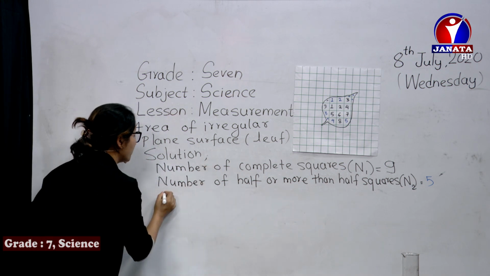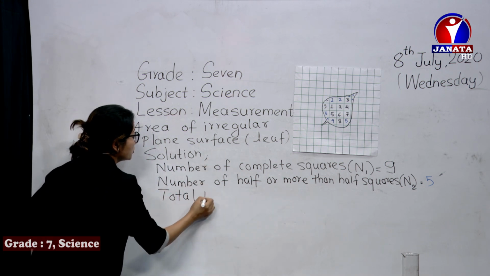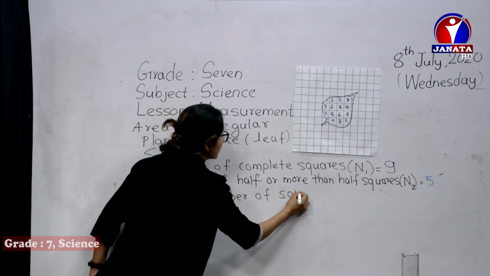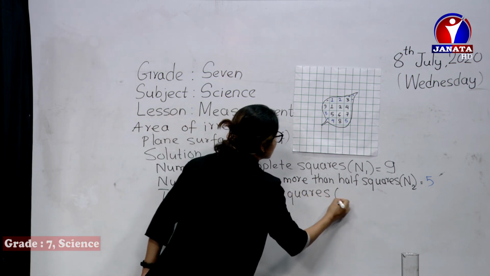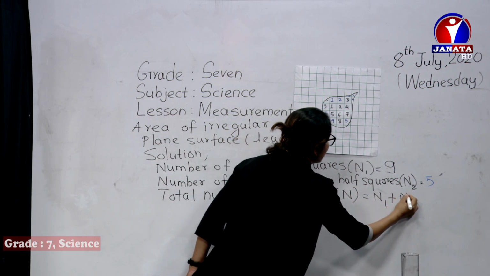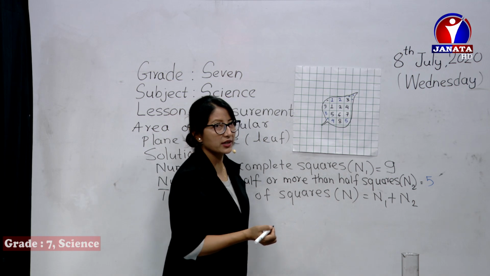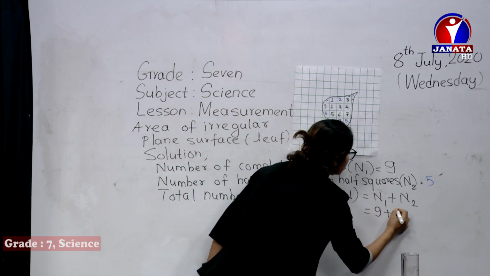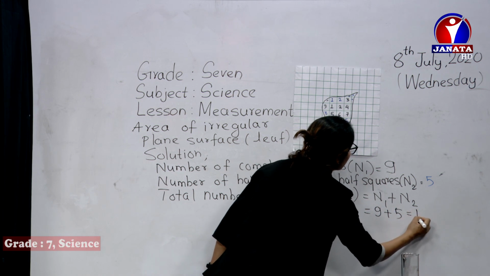Now the total number of squares, n, is n plus n1 plus n2, and when we add it, 9 plus 5, it's 14.